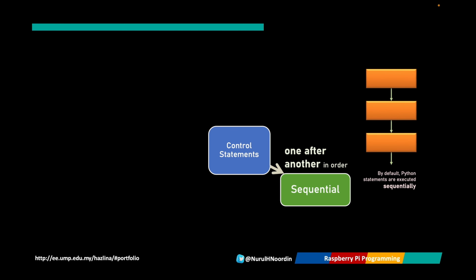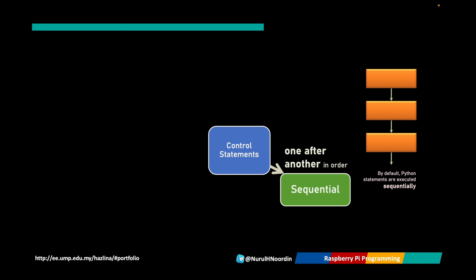In programming, control flow is managed through three types of control statements, which are sequential, conditional, and iterative statements. Let's go through each one with a flowchart example. The first type of control statement is the sequential statement. This is the simplest form of program execution, where instructions run line by line from top to bottom in a predefined order.